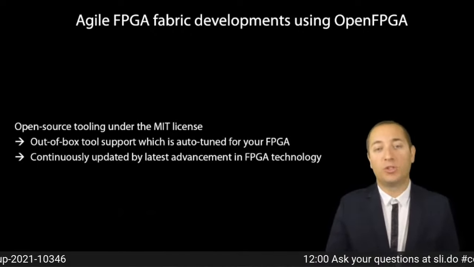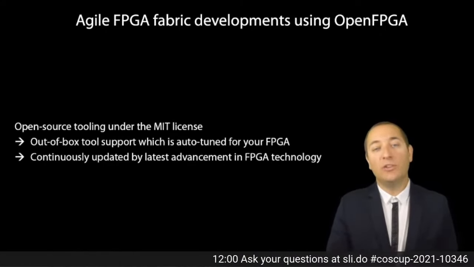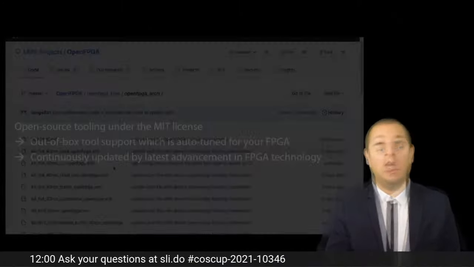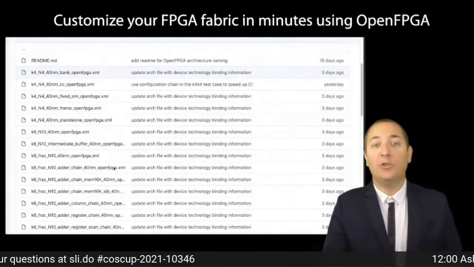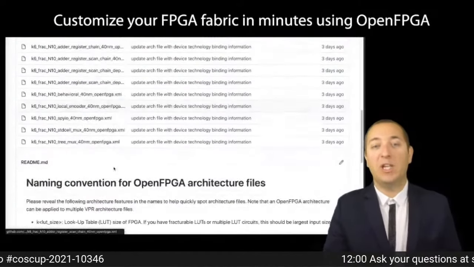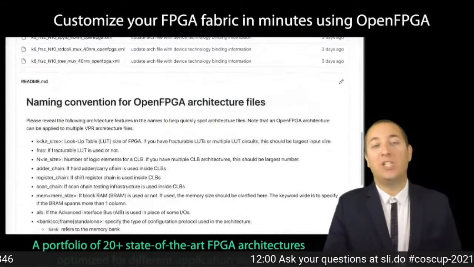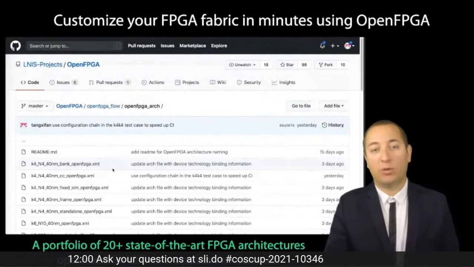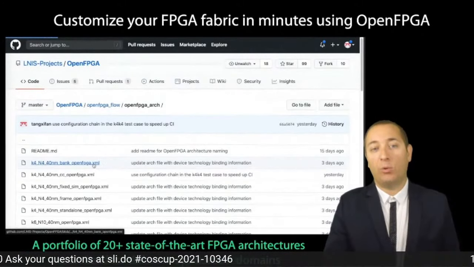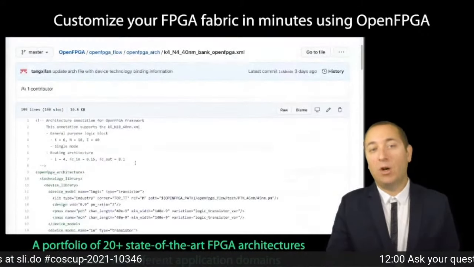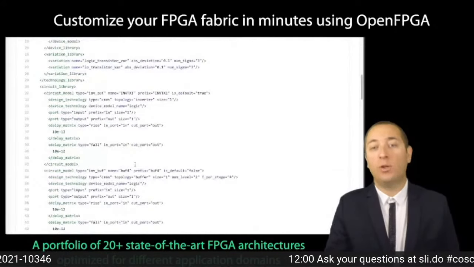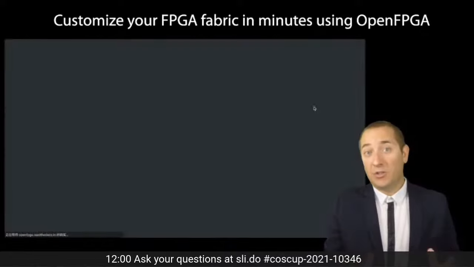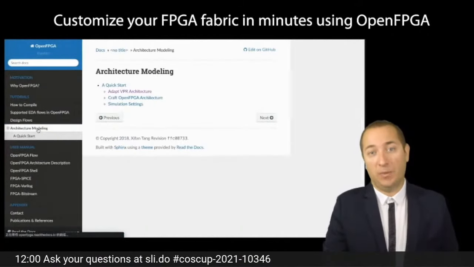Thanks to the open source community, your FPGA tools can continuously benefit from the latest advancement in FPGA technology. OpenFPGA allows users to customize their own FPGA in minutes by leveraging a rich set of templates. Constantly growing, OpenFPGA provides an architecture library which includes more than 20 state-of-the-art FPGA architectures, covering a wide range of application domains. Do not feel lost if your application is very special.